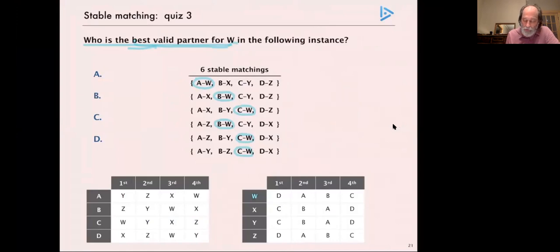There are 6 stable matchings here, and we're looking at W. So there's a stable matching with A and W. There's a stable matching with B and W. There's a stable matching with C and W, and there's actually 2 with B and 3 with C, but there's no stable matching with D and W. Okay, so D is W's most preferred partner, but A is the best valid partner for W, right? Because there's no stable matching where D is matched with W.